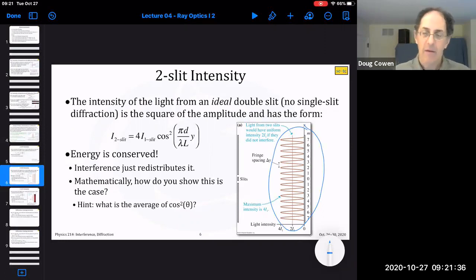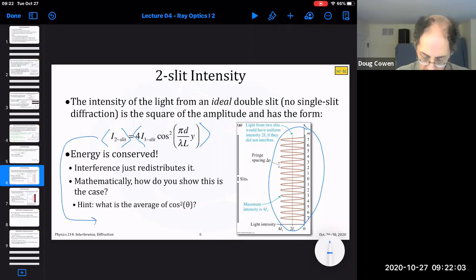And in fact, if you look at this pattern, it depends on the cosine squared. If you take an average of that intensity across up and down the entire screen, then if I take the average of both sides here, you end up having a term that is the average of the cosine squared.